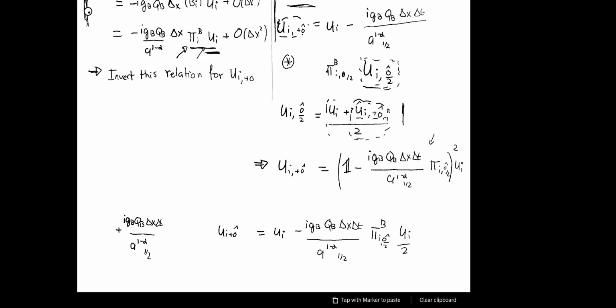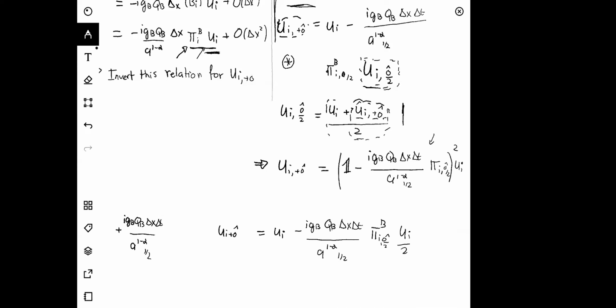Times pi I 0 over 2 times ui plus 0 plus that.